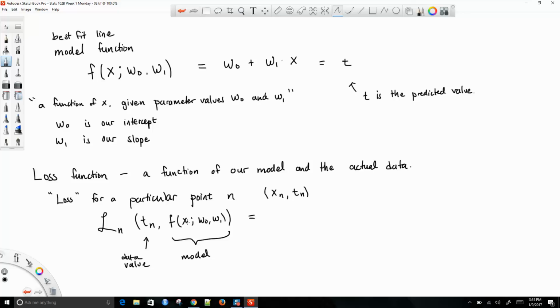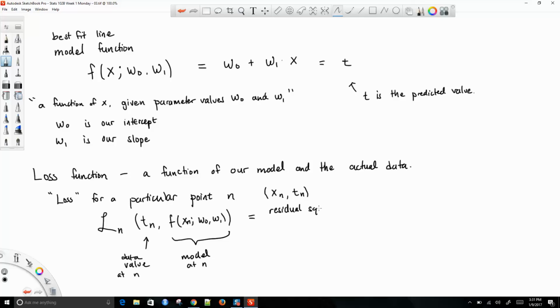I apologize. Thank you. See, you guys are okay. Yes, so it's f of x sub n. So this is the model at point n. I'll write data value at n, and this is the model at n. And this over here is going to be the residual squared, right? So I'll just write this in words now.